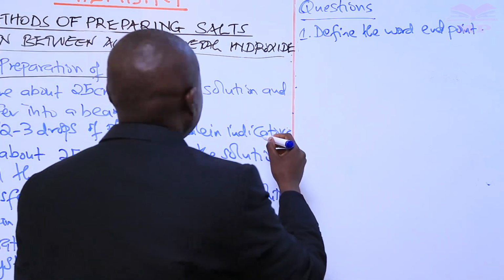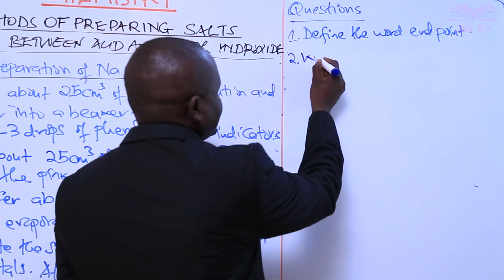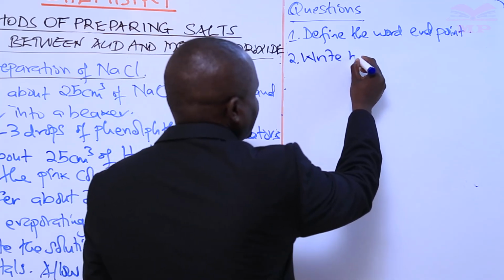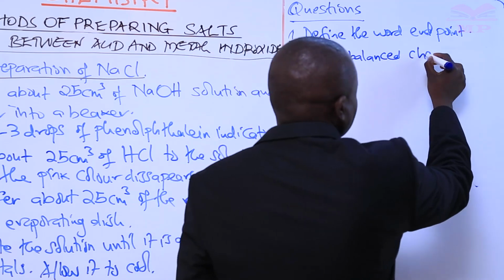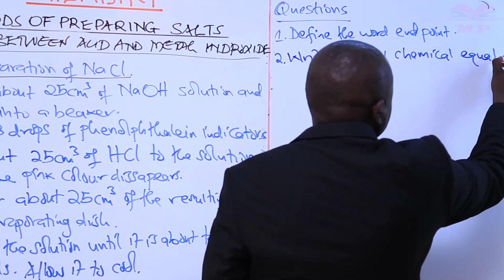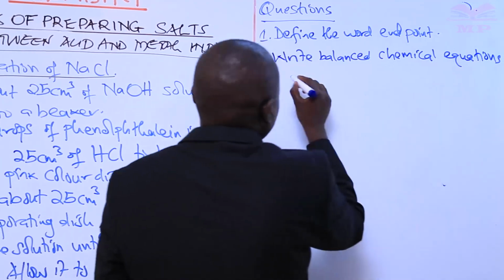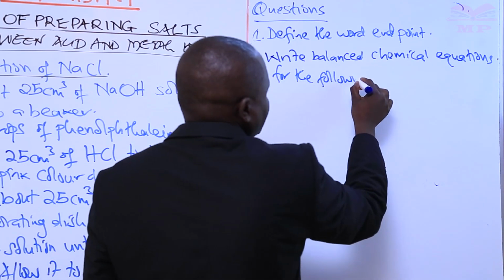So define the word endpoint, and then secondly, write balanced chemical equations for the following reactions.